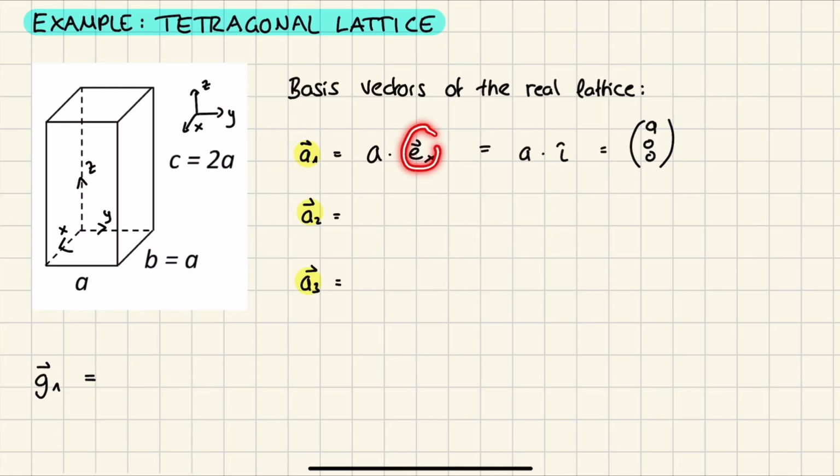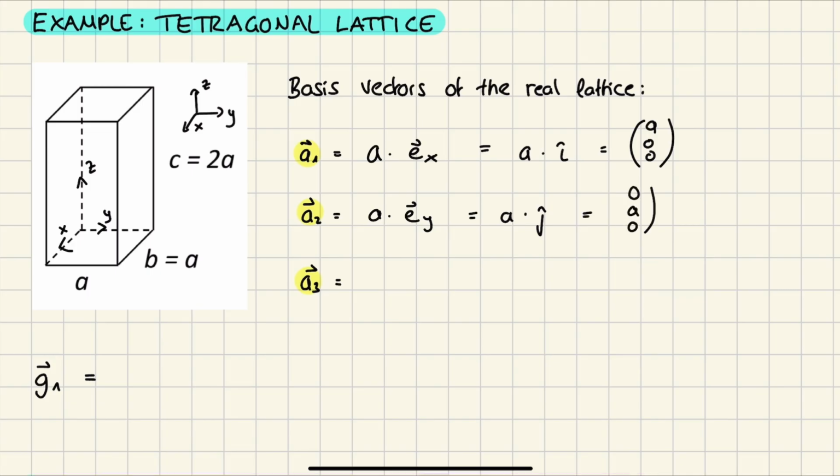Most European textbooks use this, but I think many American textbooks tend to use ijk instead, so I added this one as well. The length in the y direction is the exact same, so a2 will be a times the unit vector in y direction, aka a times j hat, aka (0, a, 0).